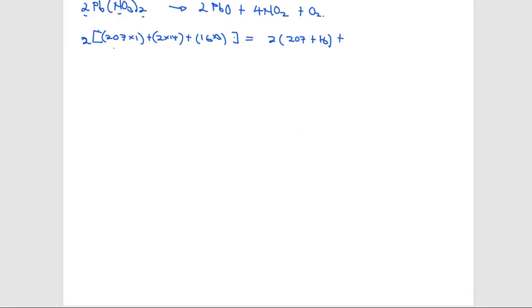Then also add 4 multiplied by a square bracket: nitrogen, we already know, is 14, plus 16 by 2, so plus 16, multiplied by 2. Then plus the last one, which is our oxygen, 16 times 2.